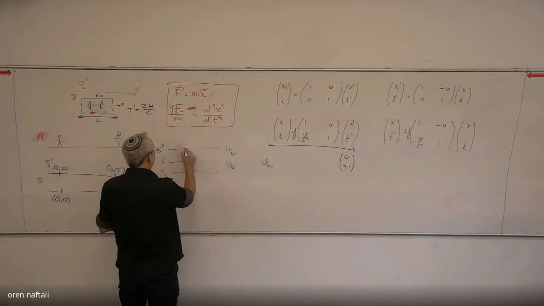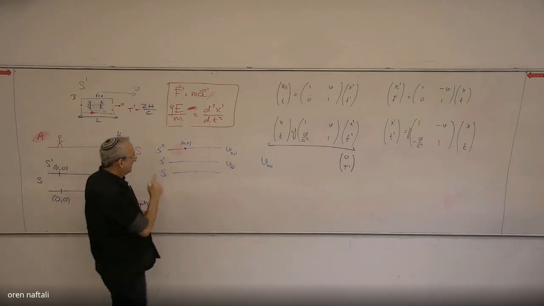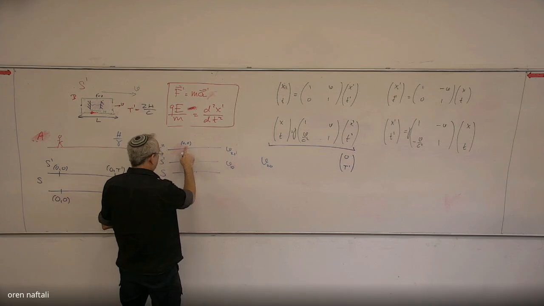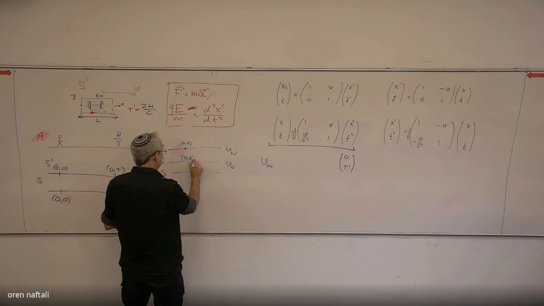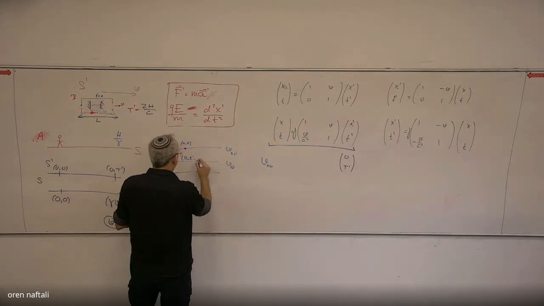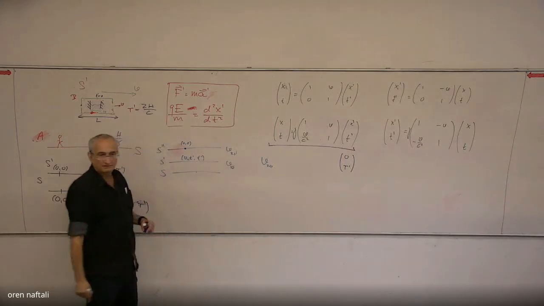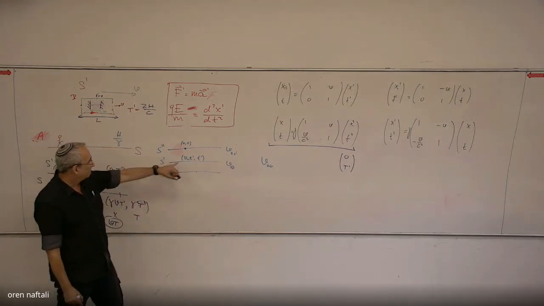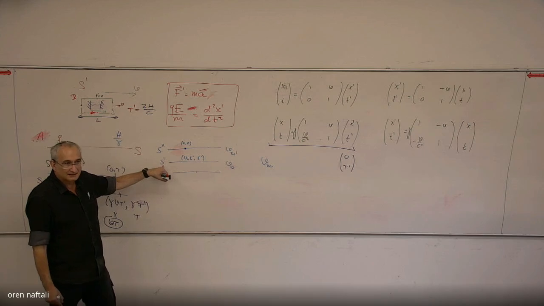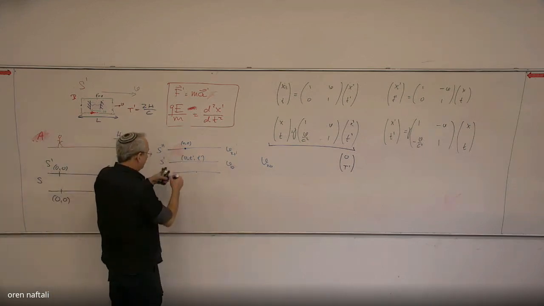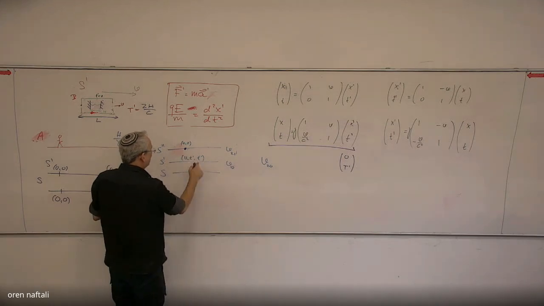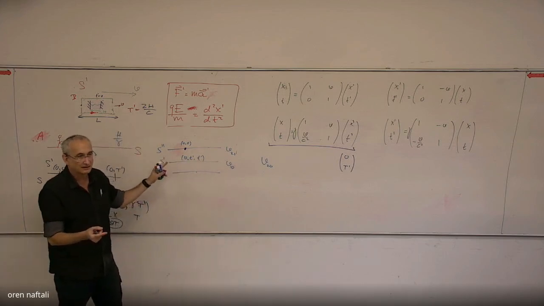First of all, I will take this point, and this point is 0, 0 in the system S double prime. Now I know that the coordinates of this point in S prime will be x equals v21 times t prime, and t prime. If a time t prime elapsed in this frame of reference, and I have marked a point here, then after time t prime it moves v21 t prime, and the time is t prime in this frame of reference.